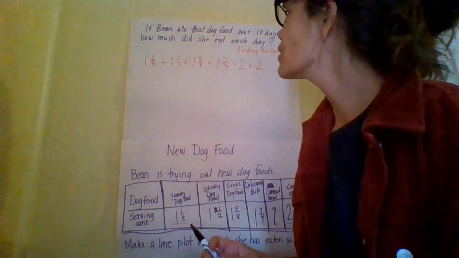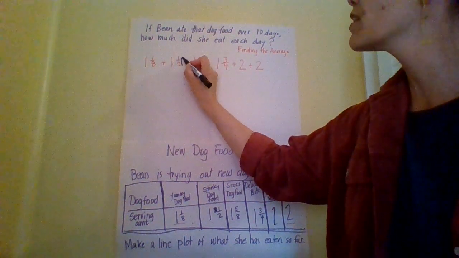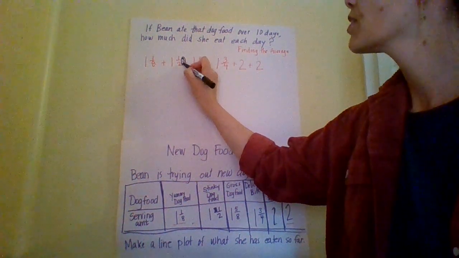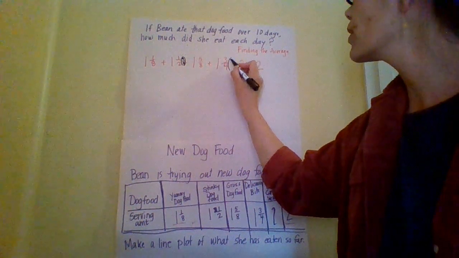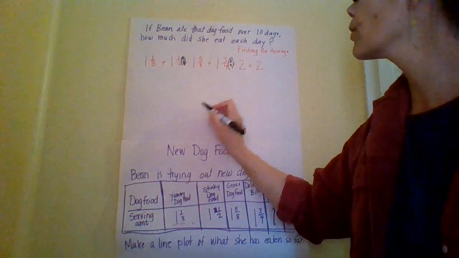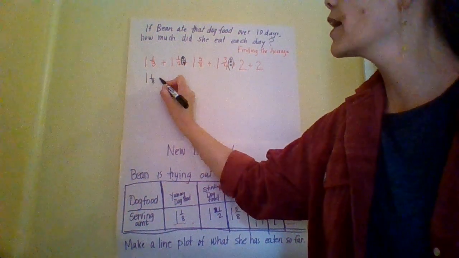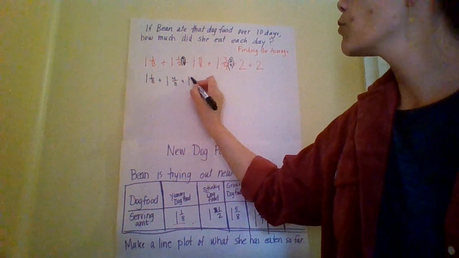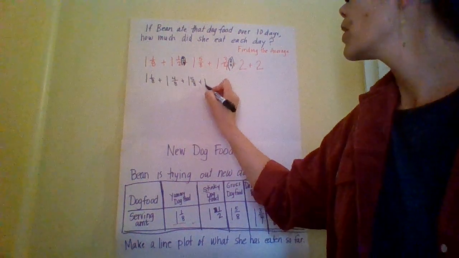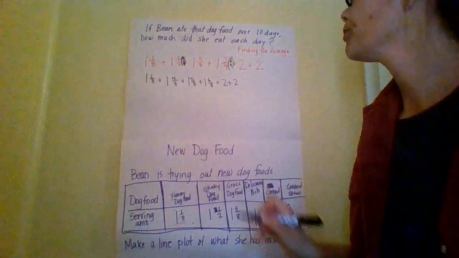So one thing that I'm going to do is make everything into eighths. So I'm going to multiply by 4 over 4 there and 2 over 2 here. And so now I have 1 and 1/8 plus 1 and 4/8 plus 1 and 5/8 plus 1 and 6/8 plus 2 plus 2.